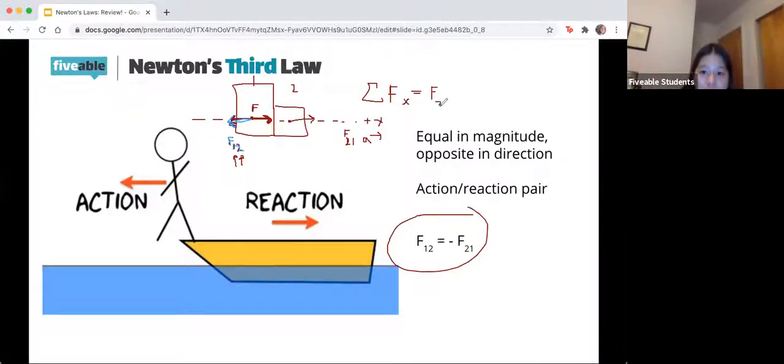How you could work around it with Newton's third law is you can do F21 minus F12 plus F equals mass times acceleration, for block 1, block 2.